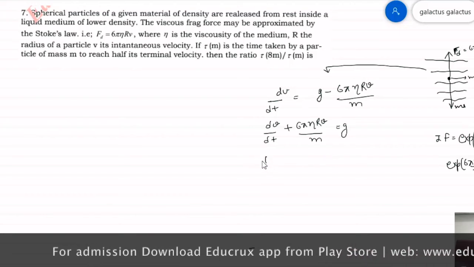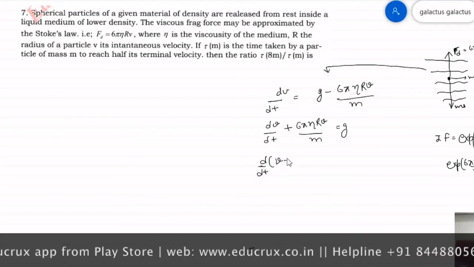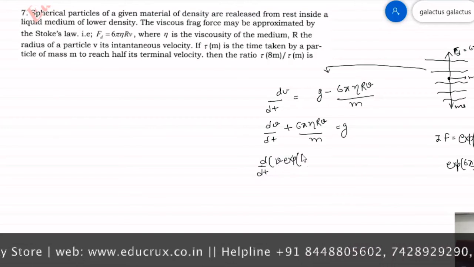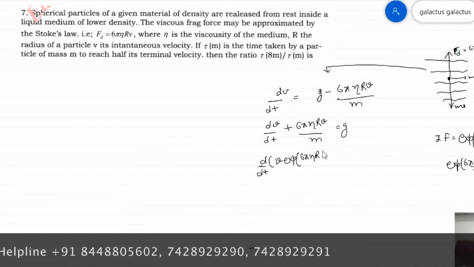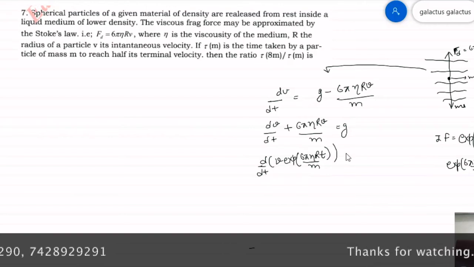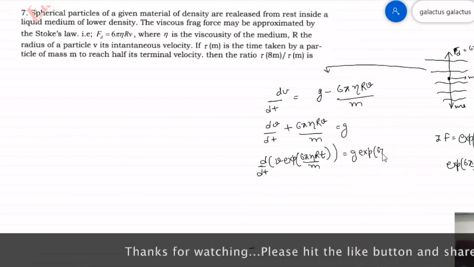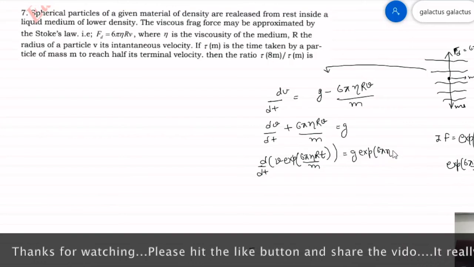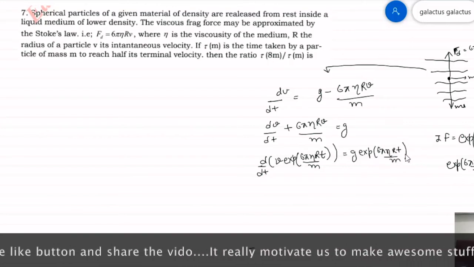So let us multiply both sides by this factor. Our equation will reduce to d by dt of v into exponential of 6 pi eta r t by m is equal to g into exponential of 6 pi eta r t by m.